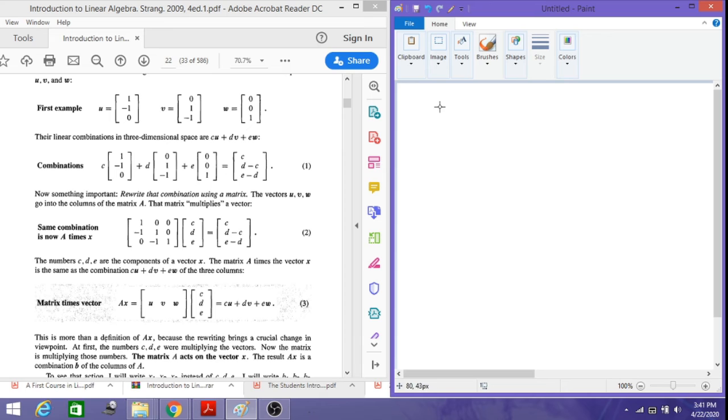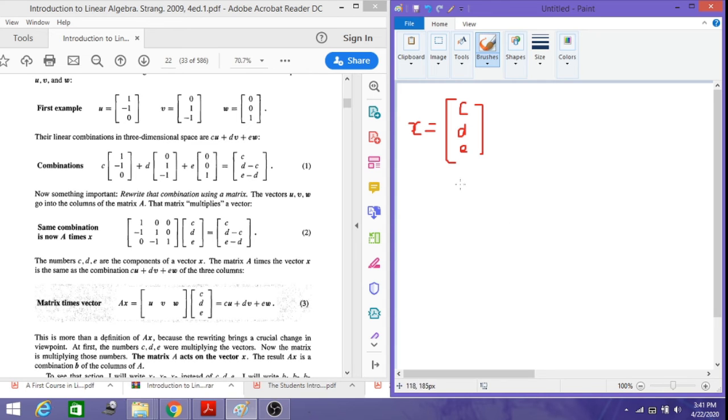If you write C, D and E as one column vector represented by X, then the matrix A times the vector X is the same as CU plus DV plus EW.